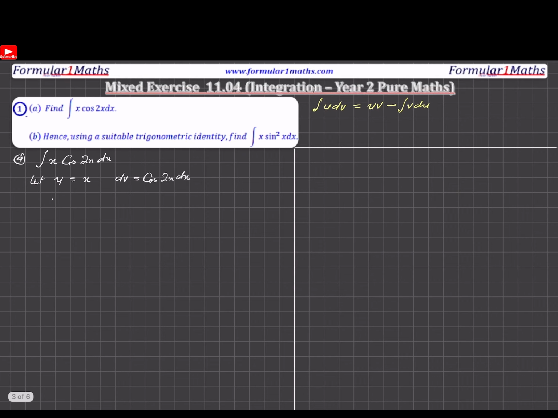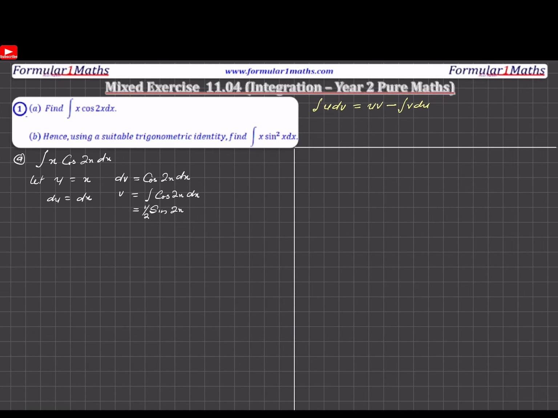And so du will equal dx, or 1 dx. And then v will equal the integral of cos 2x dx. This will evaluate to be sine 2x multiplied by half.